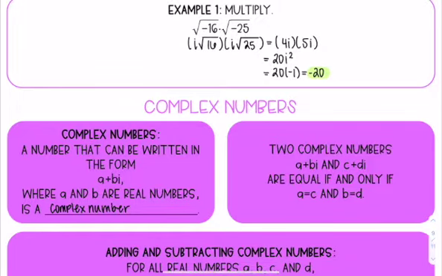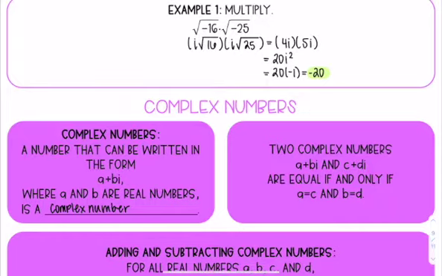And so we say that a is the real part and bi is the imaginary part. So two complex numbers, a plus bi and c plus di, are equal if and only if a is equal to c and b is equal to d. So the real parts are the same and the imaginary parts are the same.